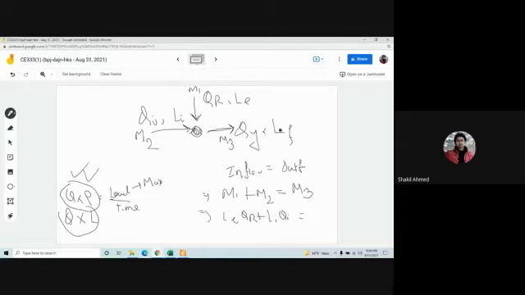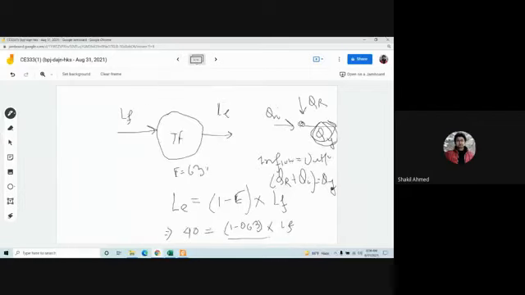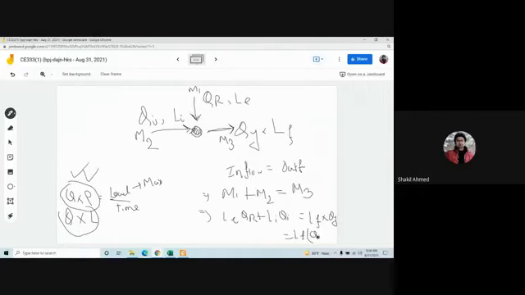M3 is LF into QY. What is QY, guys? QY equals QR plus QI. Clear? Clear.